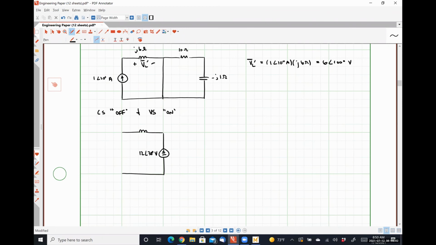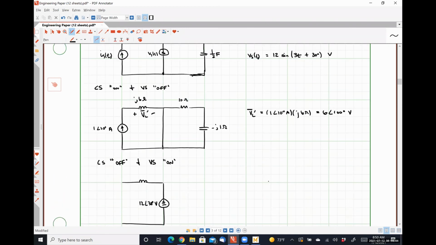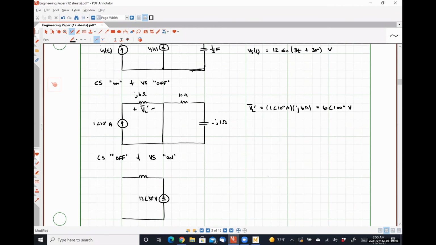What is my inductor going to behave like here? So omega in this case is 3 radians per second. So if the frequency went up by 50%, the impedance should go up by 50%. So j9 ohms. Here's my 10 ohm resistor.